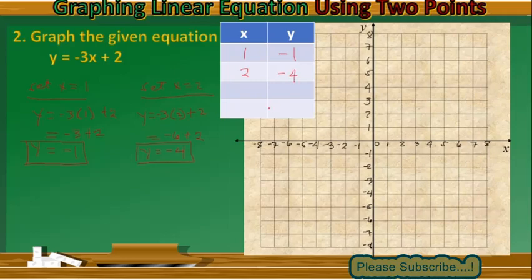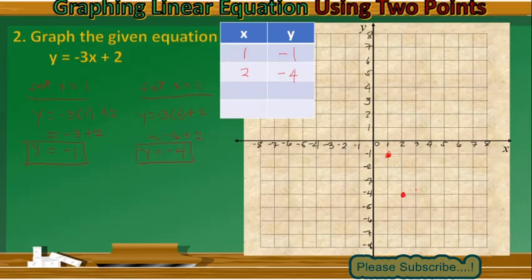Okay, let us plot that pair. So 1 for x, then negative 1 for y. So here. Then when x is 2, negative 4 for y.